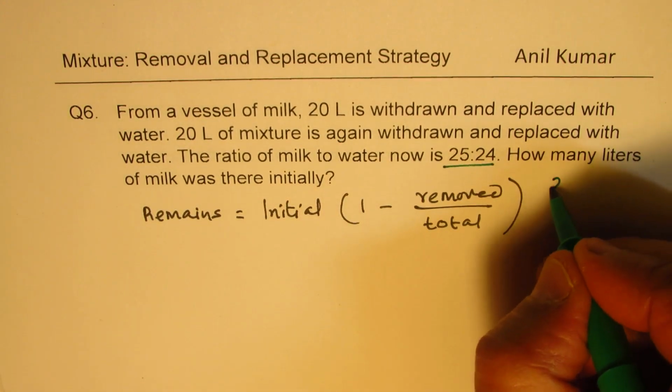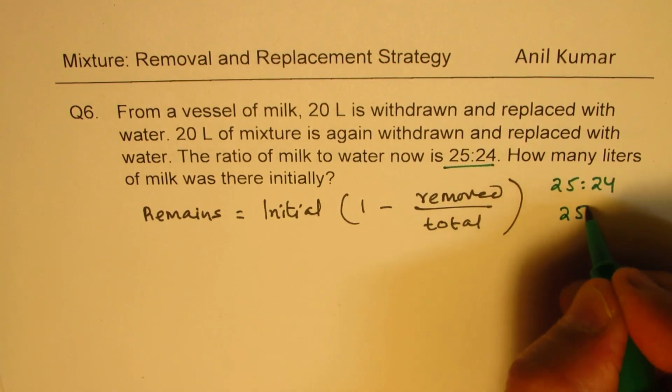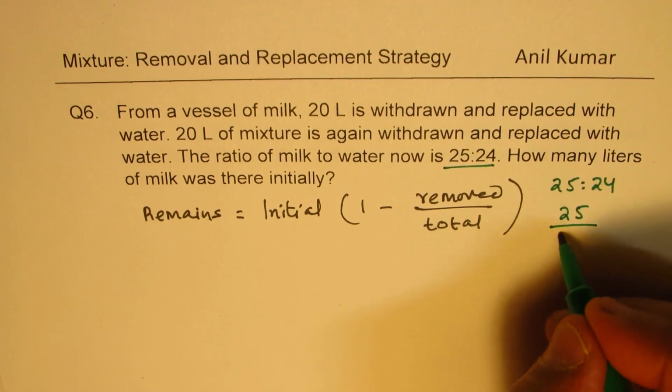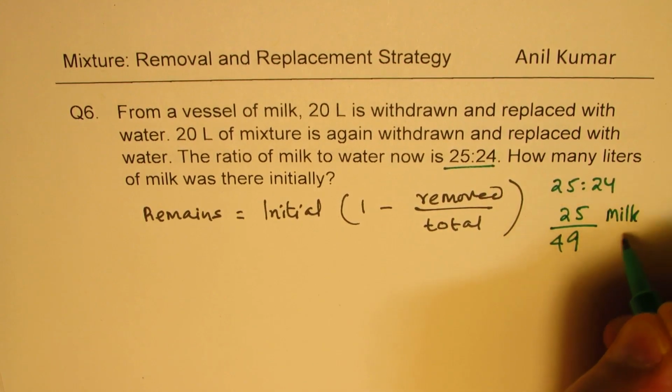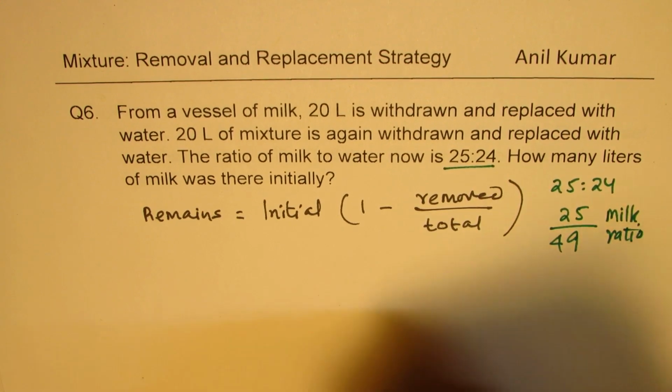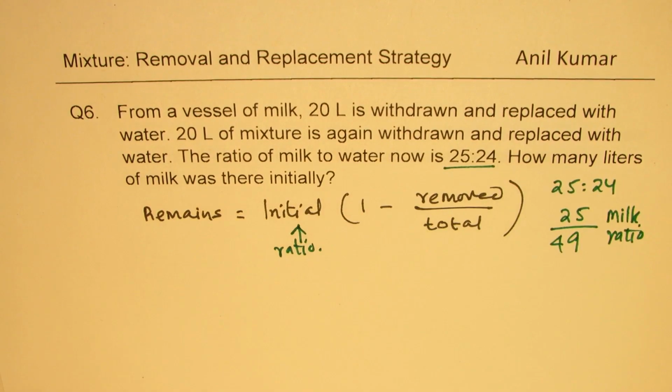So when I say 25 is to 24, that means 25 over, when you add them up, 49, that is the milk ratio. So the initial amount can be taken as a ratio, and then we could actually solve this question.